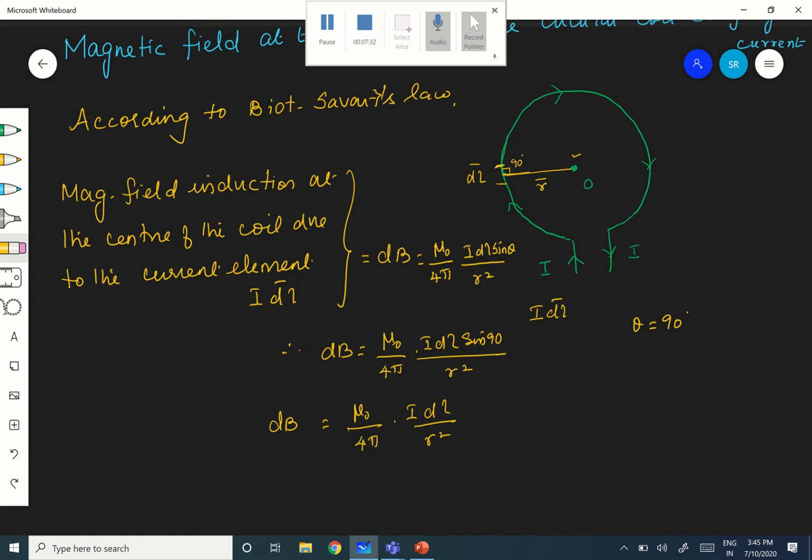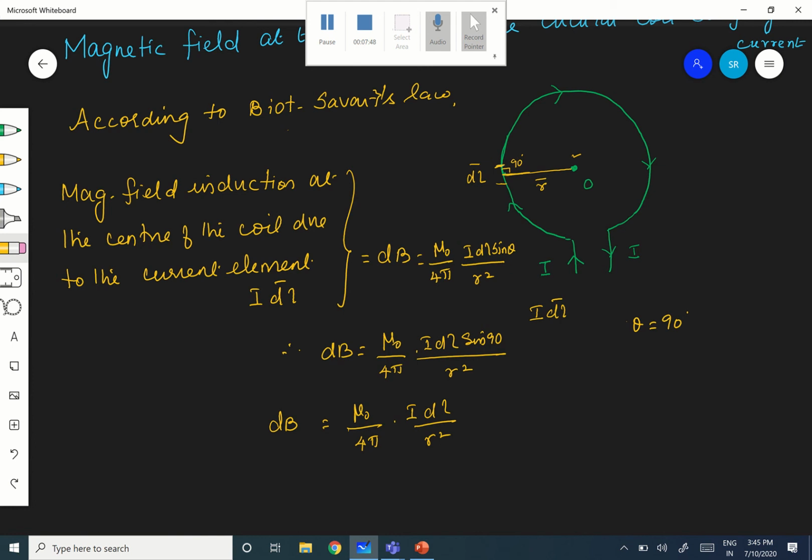Okay. Therefore, now we have to find out the direction. What is the direction of the magnetic field at O? You know what the right hand rule is, no?